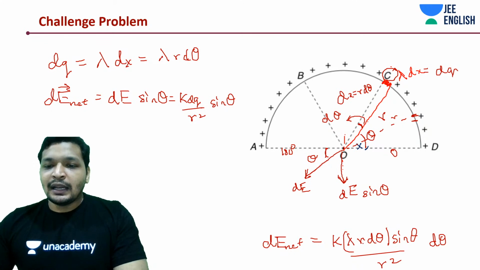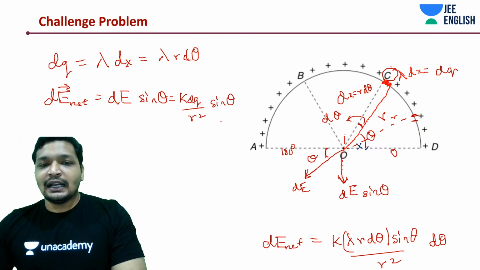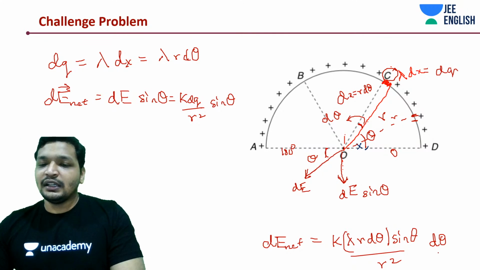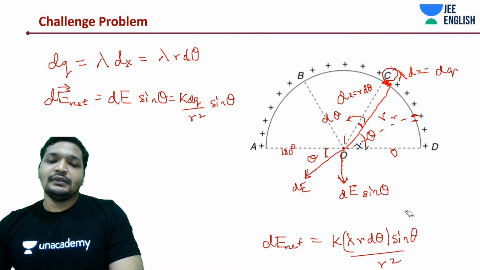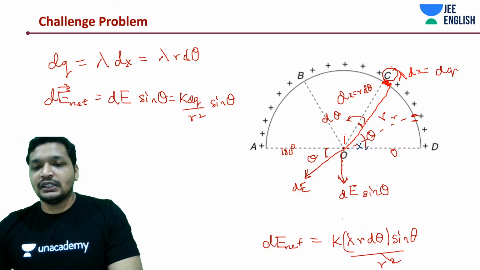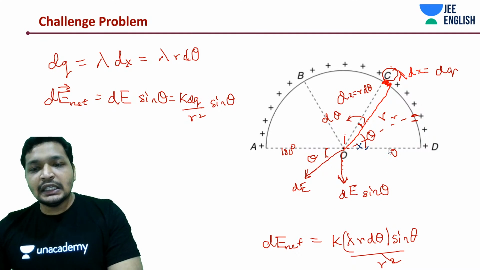I did nothing, guys. I wrote dq's value, lambda r d theta. That's it. Sin theta is carried over, k is over here, r square is over here. K into lambda r d theta sin theta by r square. Just substitute the value of dq.